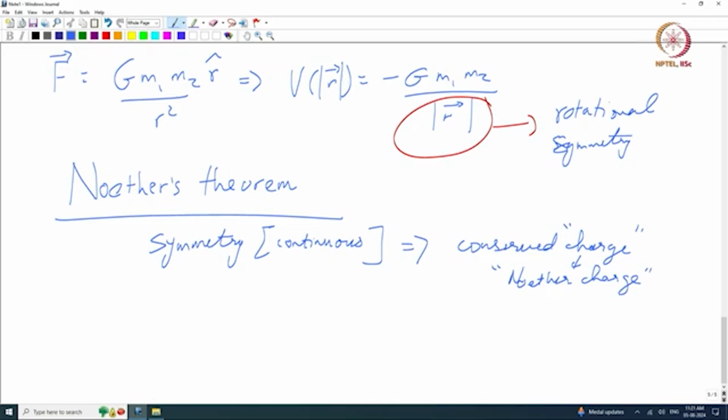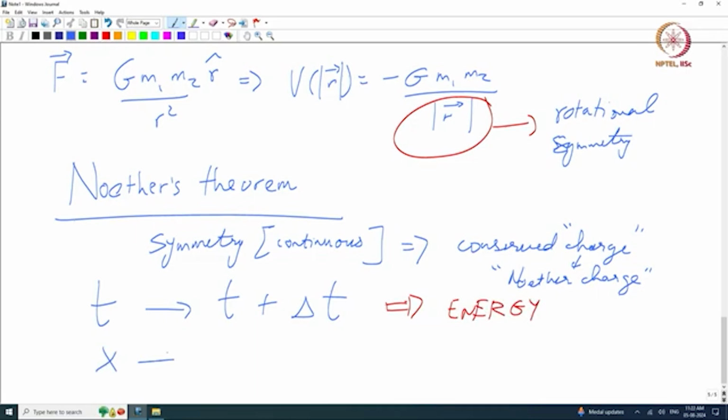So let's take some well-known examples. Suppose my system was invariant under time translations, right? Then what is the Noether charge for this? Energy, exactly. Good.